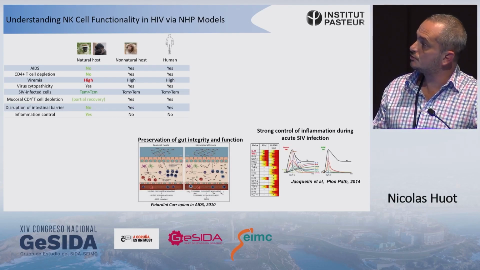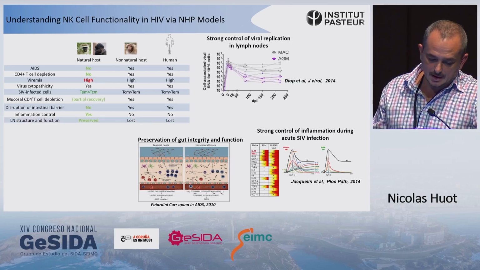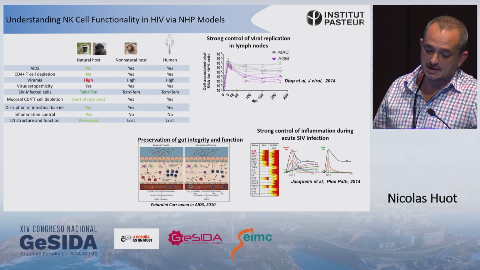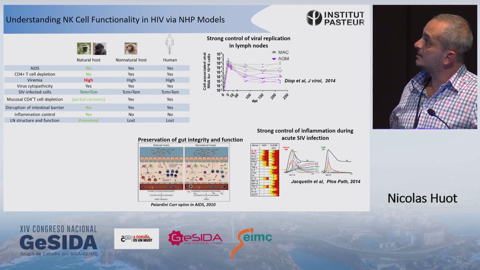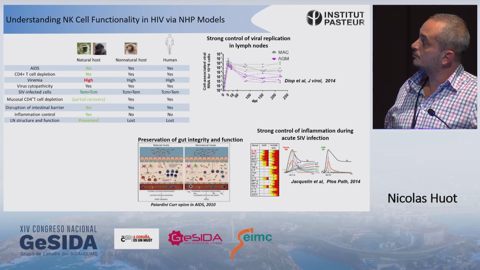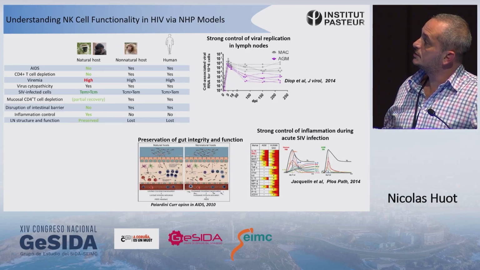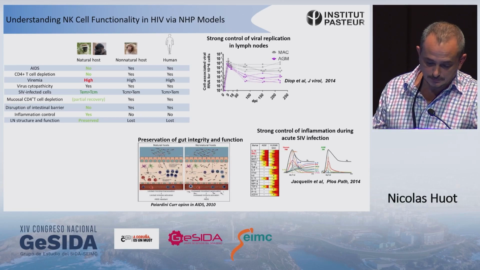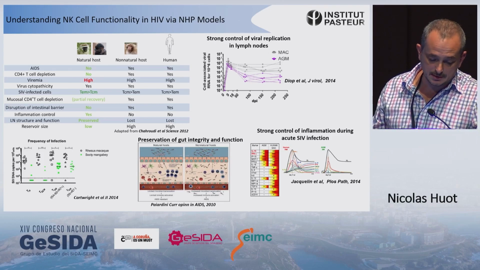They're also able to control inflammation, especially during the chronic phase of infection. They preserve the structure and the function of their secondary lymphoid tissue, and it has been shown that natural hosts are able to control viral replication in the lymph node, which leads to a difference of 1 to 3 log between African green monkey and macaque models. And finally, they harbor a lower reservoir.